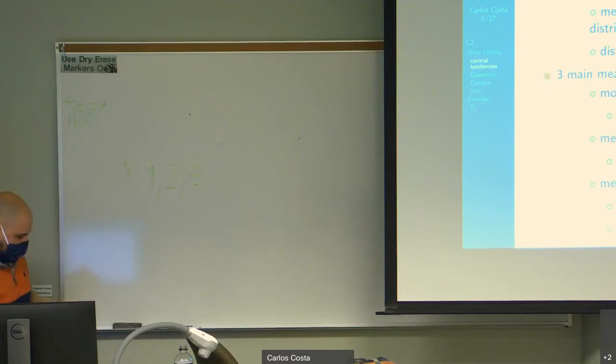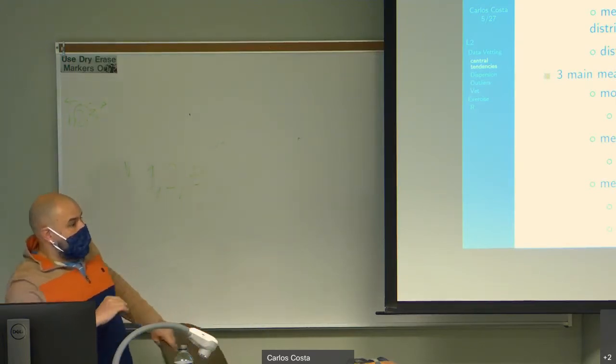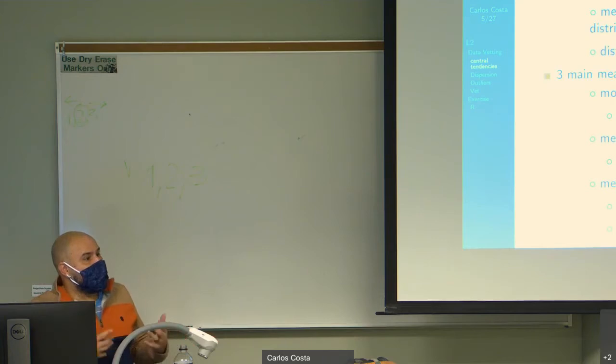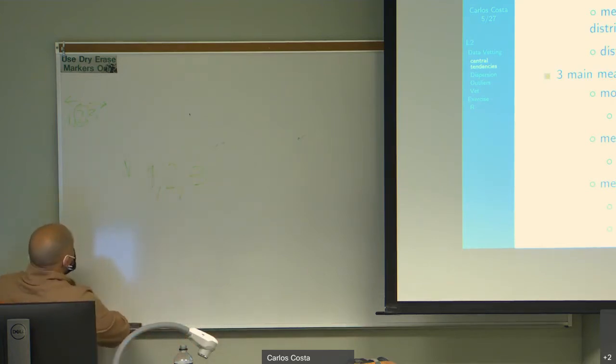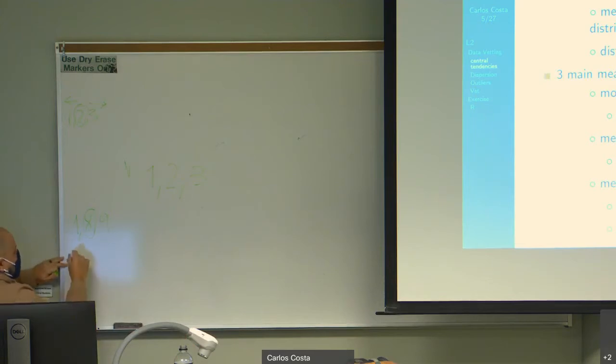It's the same thing. It's the number that divides the distribution in half. So it's an interesting thing because the median is not necessarily the middle value. It's simply the middle number, right? So if I have a data set that is 1, 8, 9, the median is 8, but the average is going to be what?